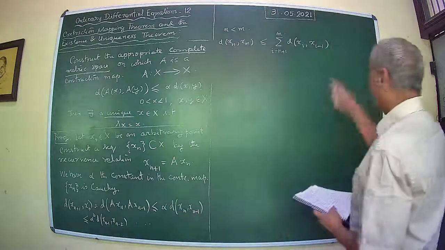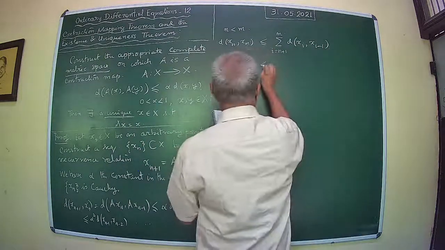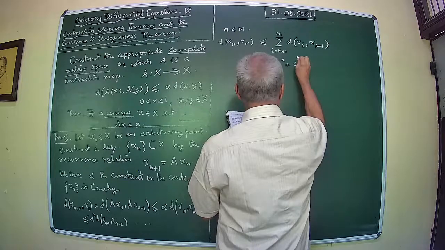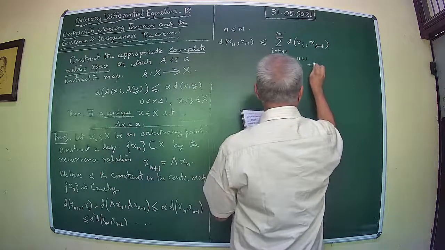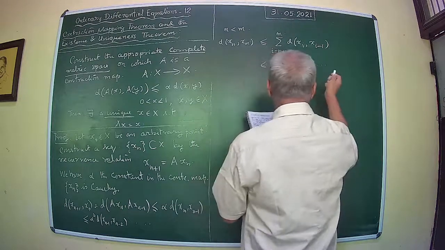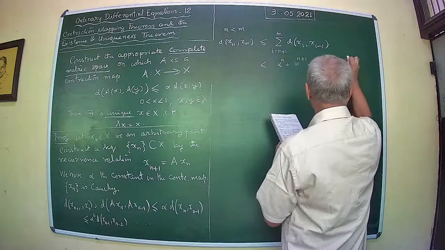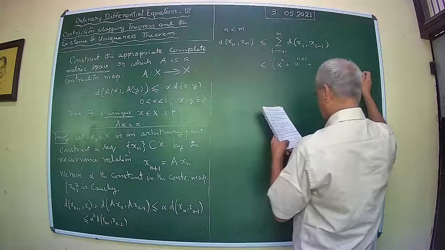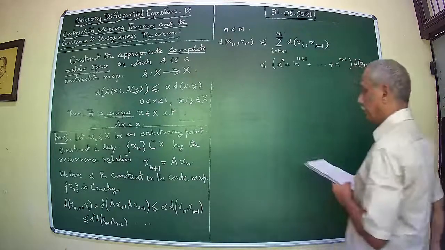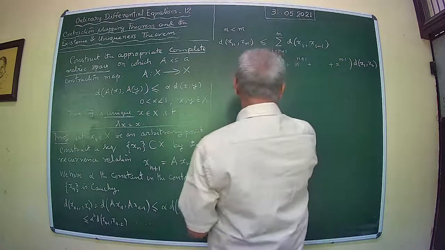And now you can estimate each one of these. You have estimated. So you see that this is less than or equal to c to the power n alpha. You have brought this down to the base points x0 and x1.